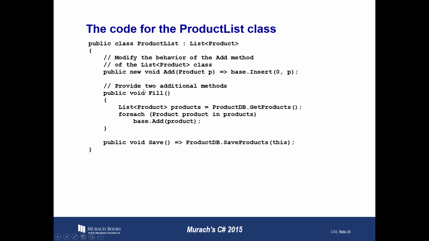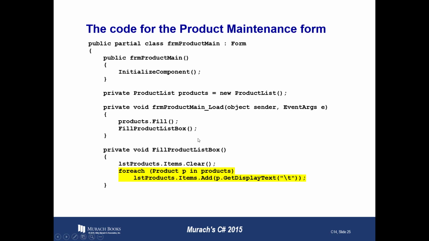All right, we're also providing two additional methods, one being the fill method, which basically, as it says, is going in there and filling up whatever it is we're working with, our list of products, and the other one is for saving. So when we look at the code here, take a look at what's on here.